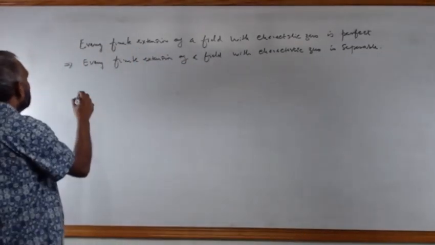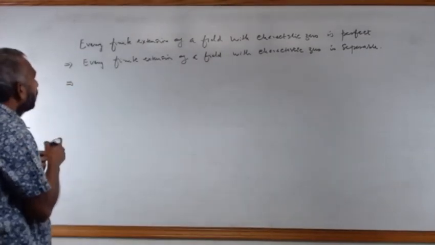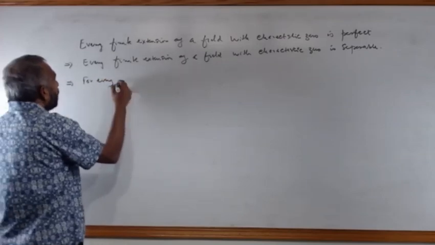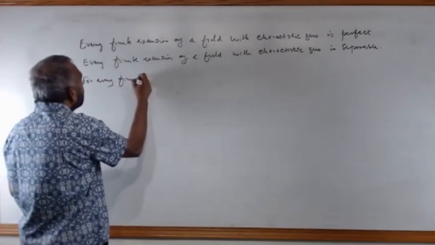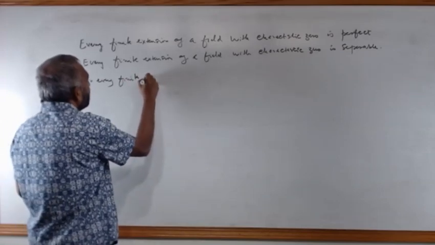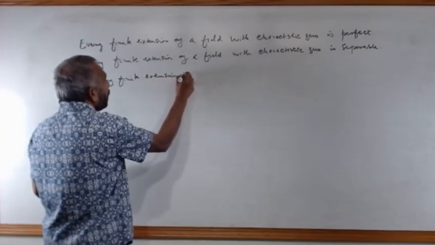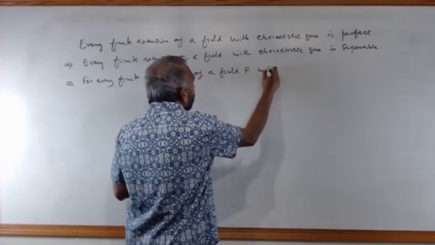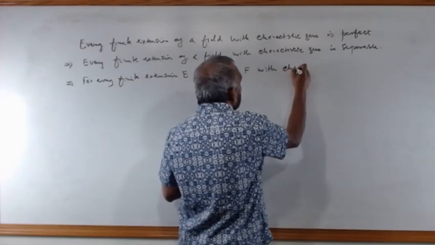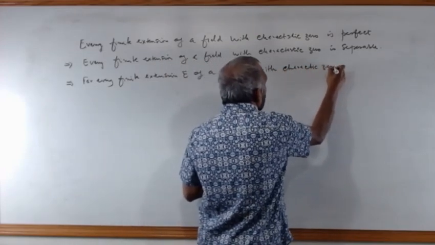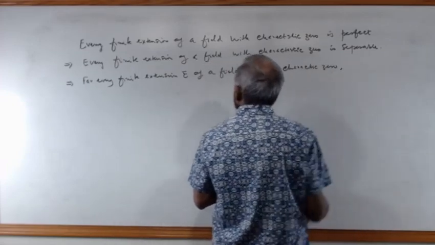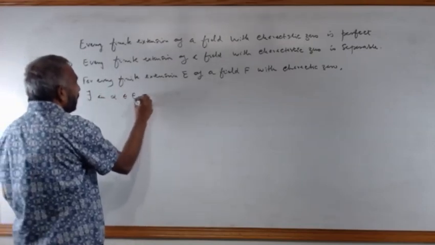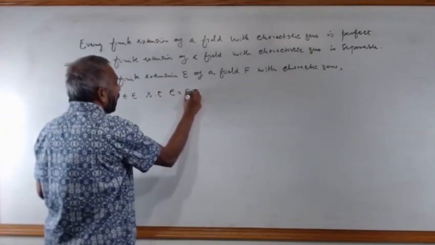And what does that mean? That means for every finite extension E of a field F with characteristic 0, there exists an alpha belonging to E such that E is equal to f of alpha.